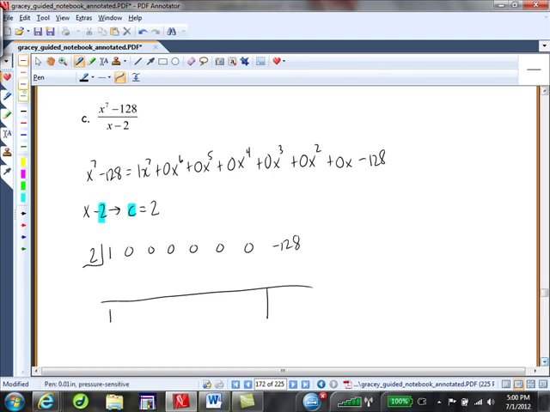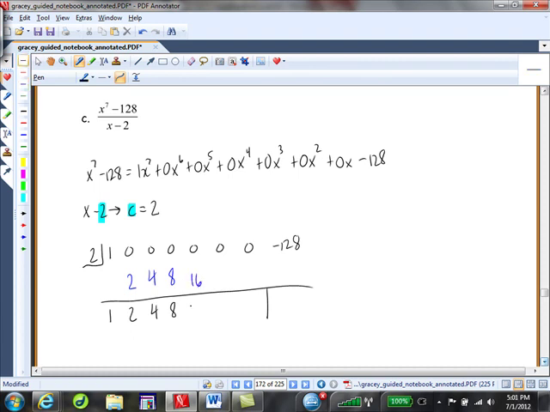And we bring this one down and we start our series of multiplications and additions. So 1 times 2 is 2, and added. And then 2 times 2 is 4. When we add, we get 4. 4 times 2 is 8. Add that to get 8. 8 times 2 is 16.